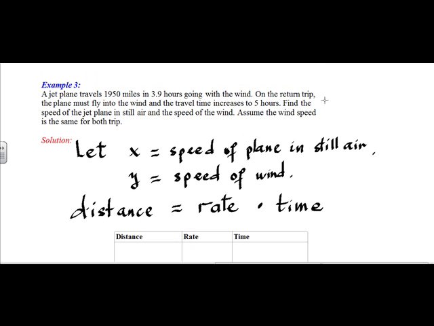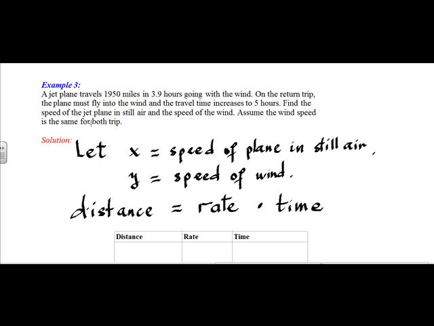We actually have the plane going with the wind and the plane going against the wind. If you read the problem, I have a jet plane traveling the same distance. When it goes with the wind, it goes faster, so it takes only 3.9 hours to get to our destination. And when it goes on the return trip against the wind, it takes longer to travel the same distance.